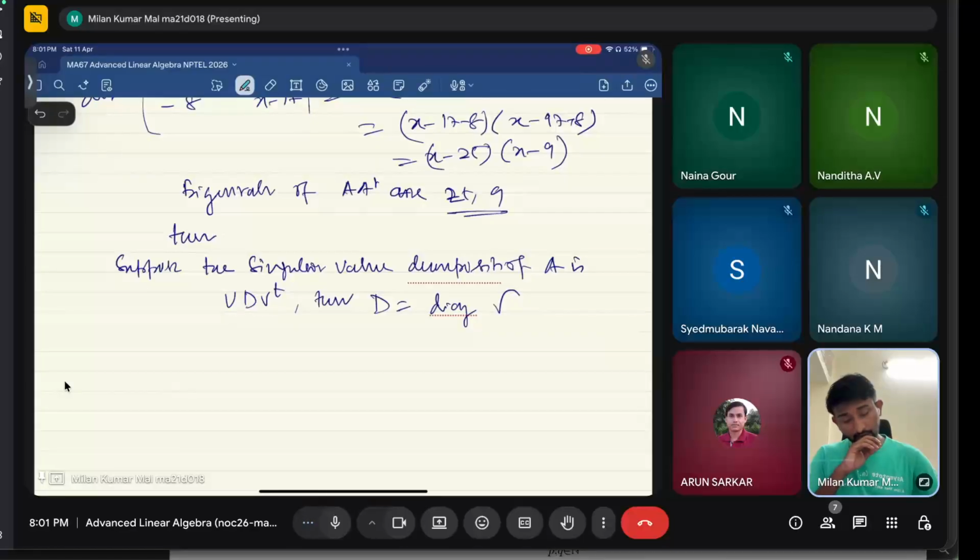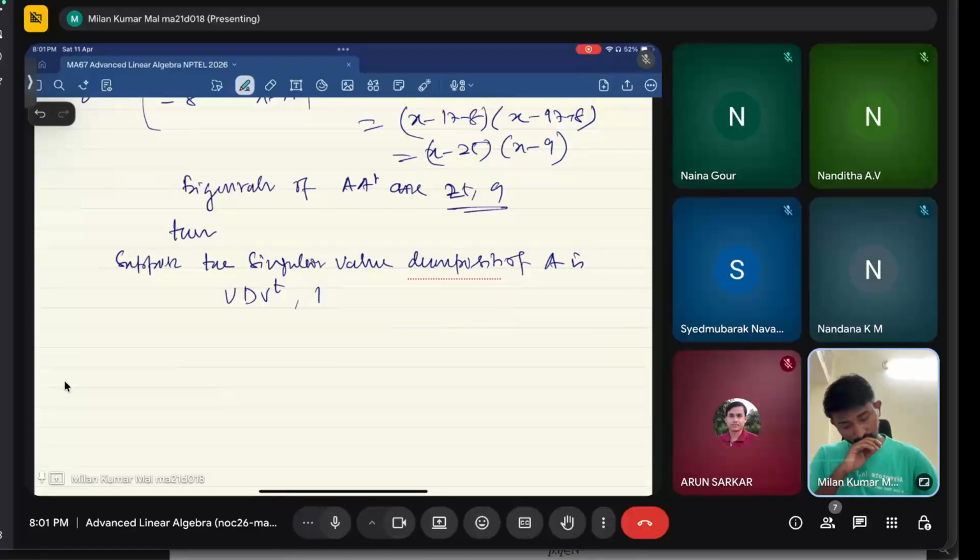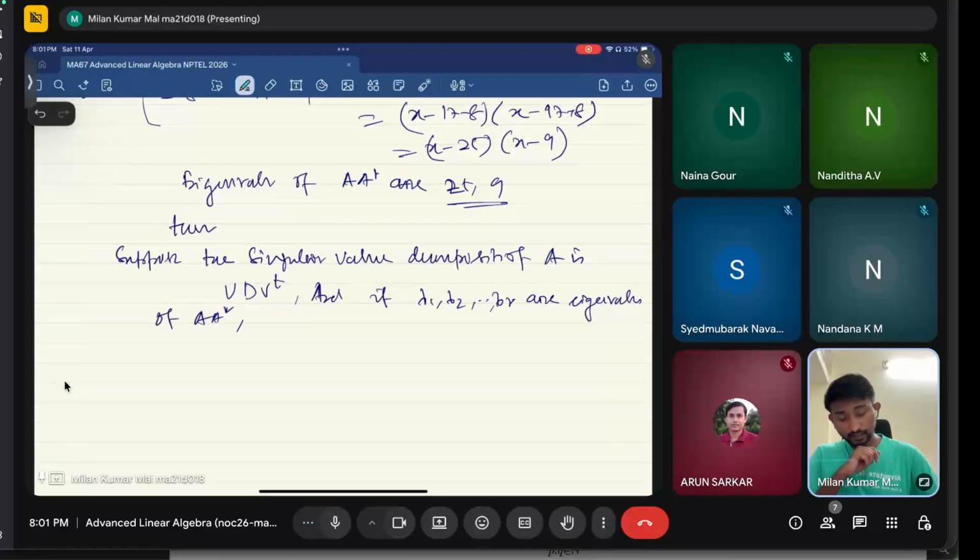If lambda 1, lambda 2, ..., lambda r are the eigenvalues of the matrix A star A, then D has to be equal to the diagonal of square root of lambda 1, square root of lambda 2, ..., square root of lambda r, and to fill it, whatever 0 is needed. This is what it is.